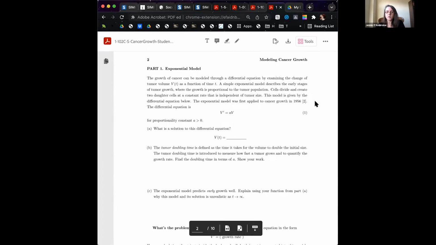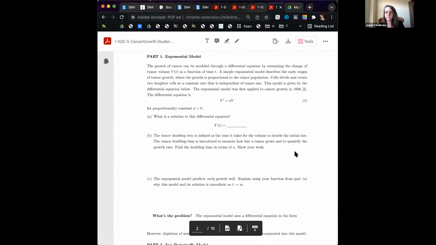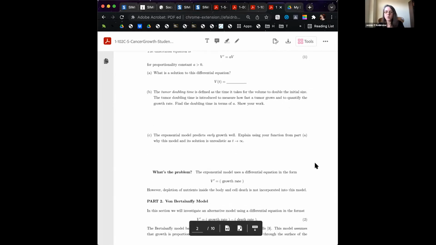And this was my lab number 2. Actually my lab number 1 was the oil slick, where they already had the exponential model in there. So this first part was based on some of the work that we had done with the oil slick model, assuming that the student had learned at that point what the exponential model is. And then immediately we show why the exponential model is bad.